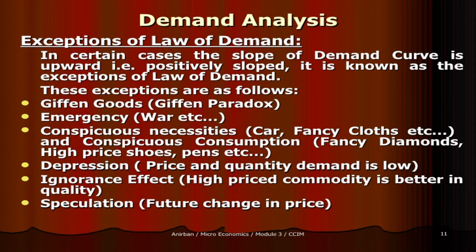The higher the price of such goods, the higher the snob value attached to it, and hence larger is its demand. So that's why it is an exception to the law of demand in such cases.